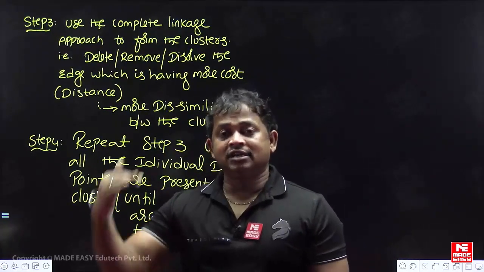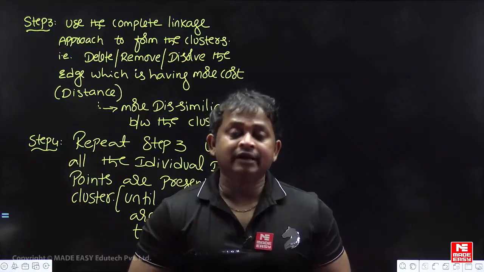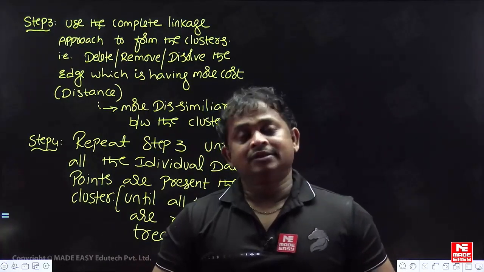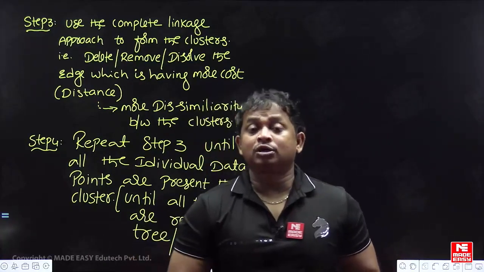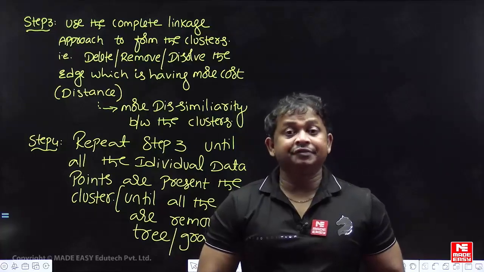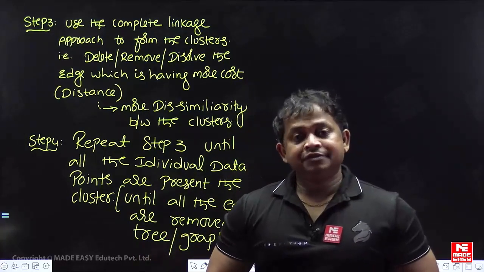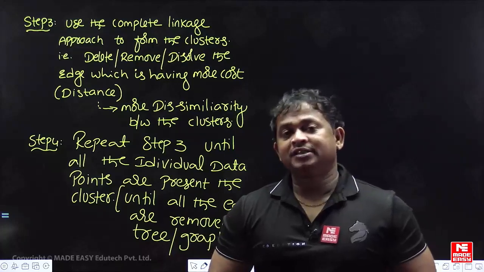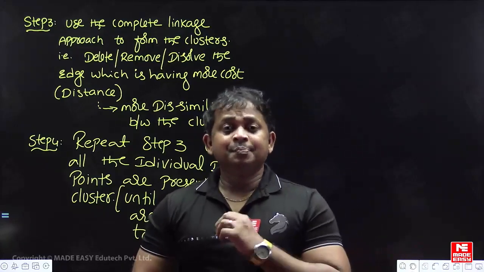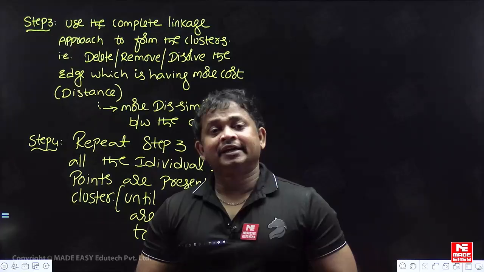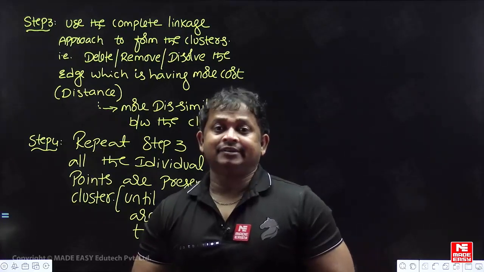So that is called the top to bottom approach of a clustering method. That top to bottom clustering is named divisive clustering. So these are the steps required in divisive clustering. Okay, first copy the steps, later we will see the implementation of these steps by taking some example data set.